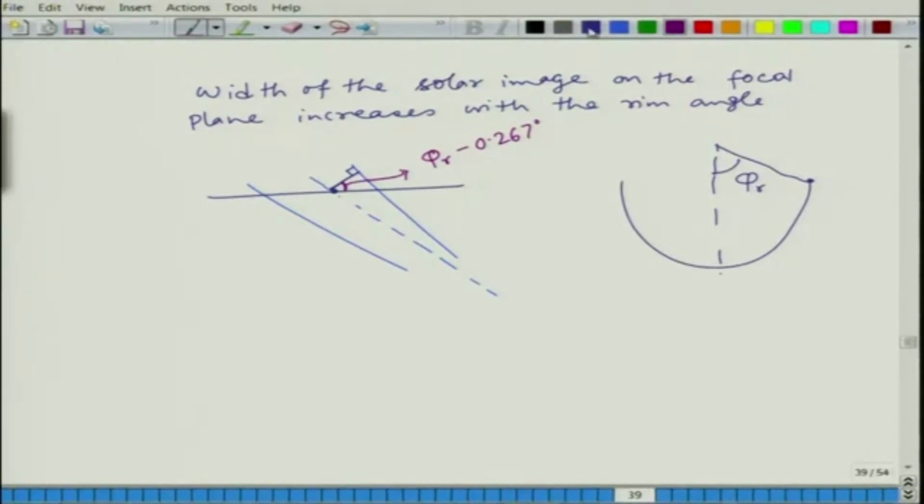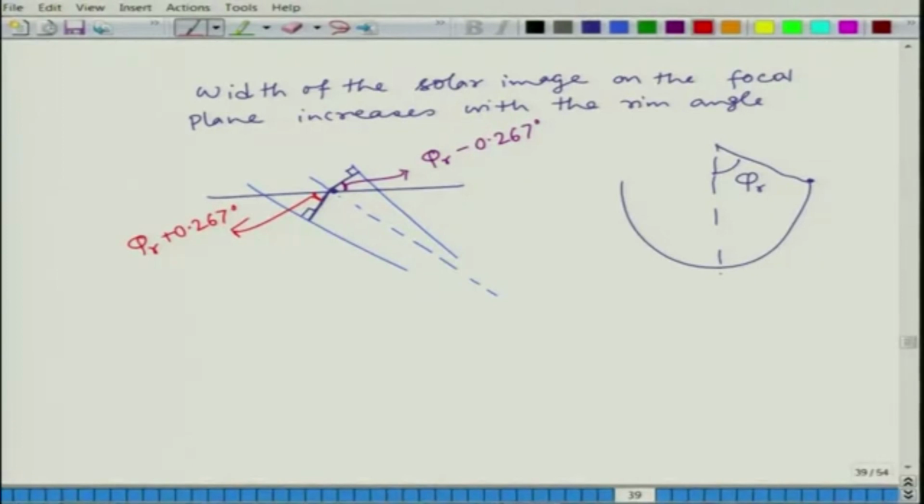Similarly, if we drop a perpendicular on the other edge of the beam, this angle will be phi r plus the half cone angle, which is 0.267 degrees. So, these two we can find.